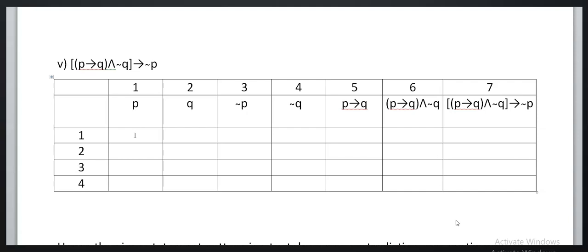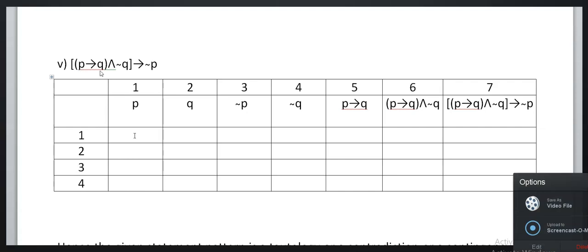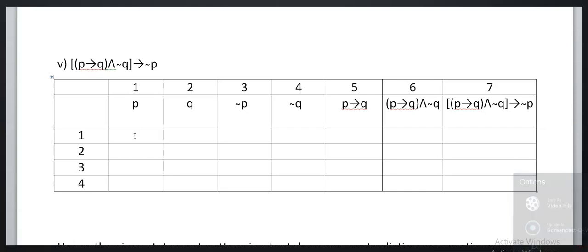Next one is the fifth one. See this example. P implies Q and negation of Q implies negation of P. Therefore double T double F. TF.